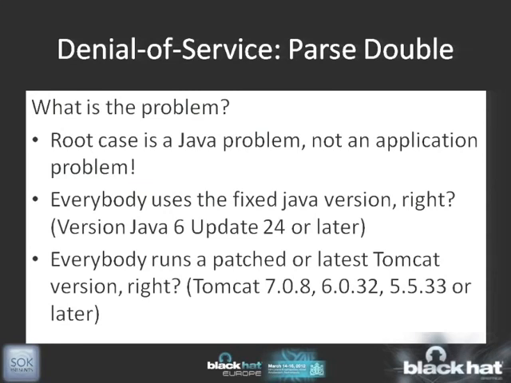So the Apache Tomcat people fixed it in their code too and pushed out a new version of Apache Tomcat. So if you're taking one of these Apache Tomcat versions, no matter what kind of Java version you're running, you're at least protected against that header problem that I talked about before.